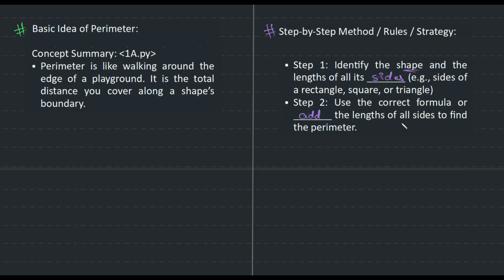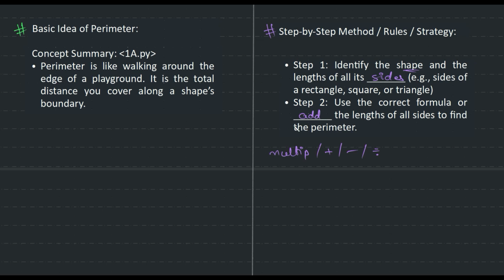Add the lengths of all sides to find the perimeter. Is this correct? Or is it multiply? Do they multiply all the sides, or add, or subtract, or divide? Yes, the right answer is add itself. So you need to add up all the sides and you're done.